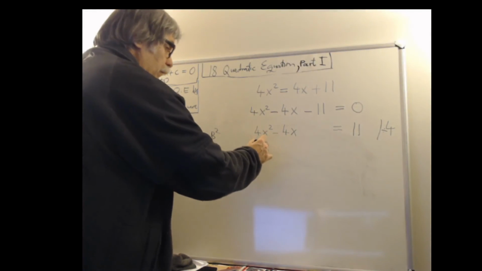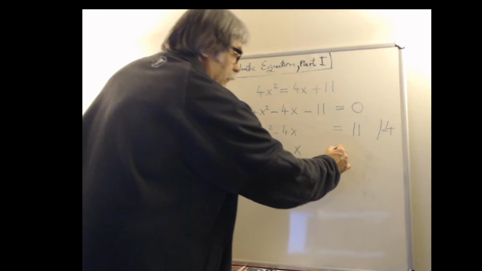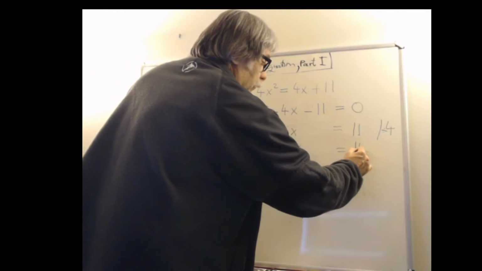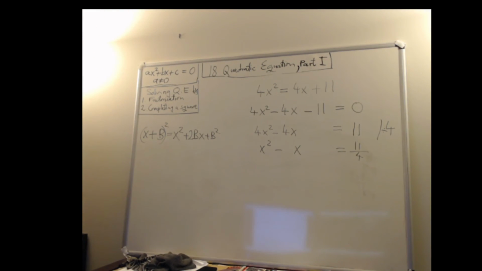You divide this with 4, you get an x squared. You divide this with 4, you get negative x. You divide this with 4, you get 11 quarters. Now that's a fraction, and it's not attractive, but it will stay. If you have to deal with fractions, you will have to deal with fractions. There's nothing better you can do. The solution could as well be fractions, so you can't escape it.